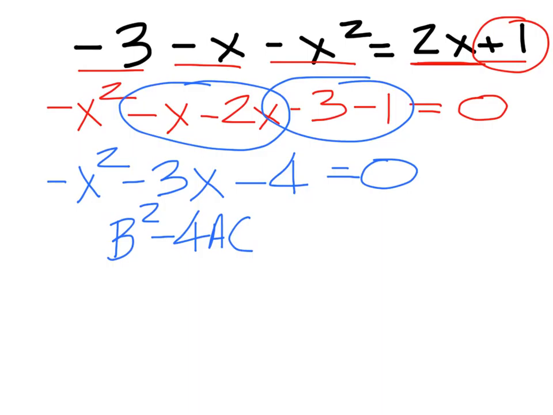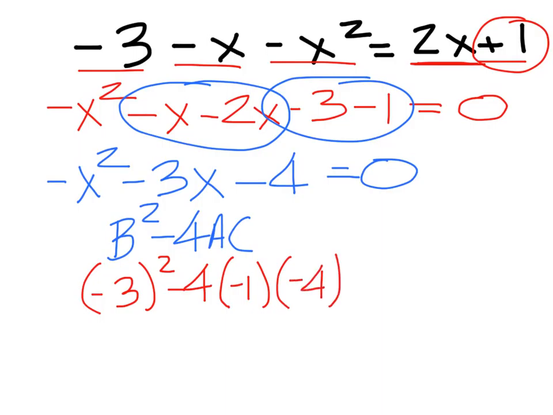What is b? Negative 3. We will square that. Minus 4 times a. What's a? And what's c? How many negative signs do we have to the right of negative 3 squared? 3 of them, so that means the operation will be what? Yeah, it'd be minus.